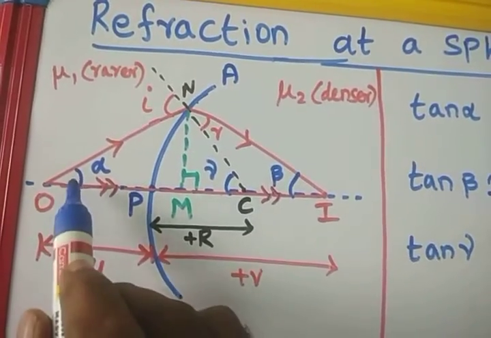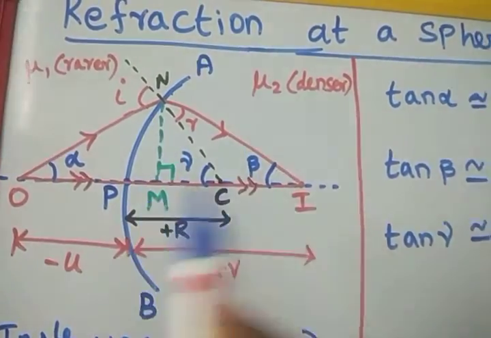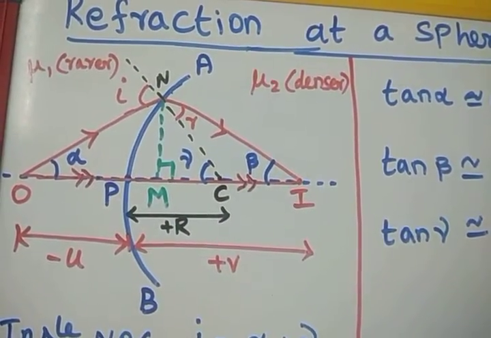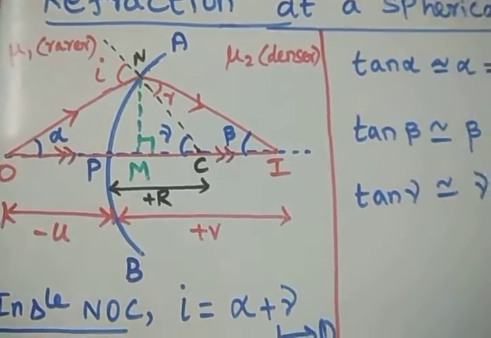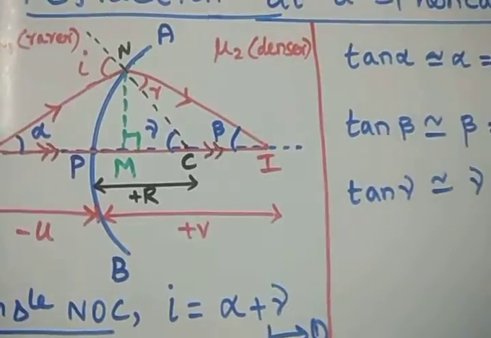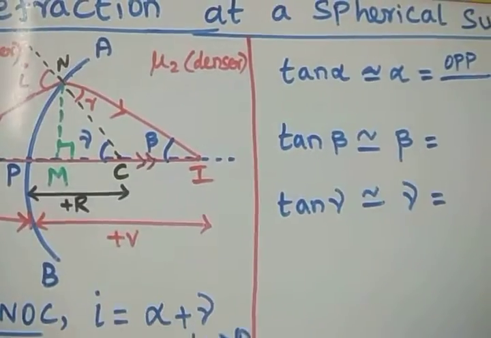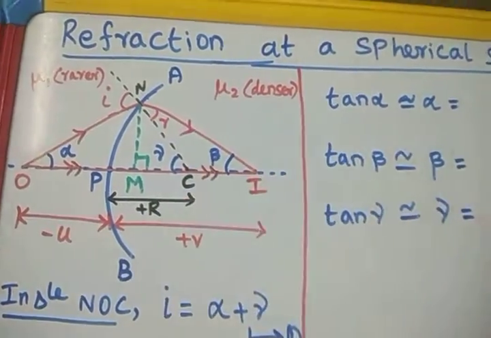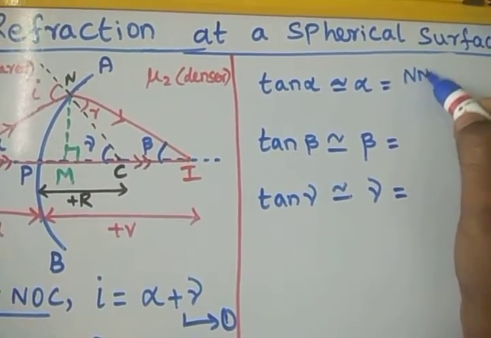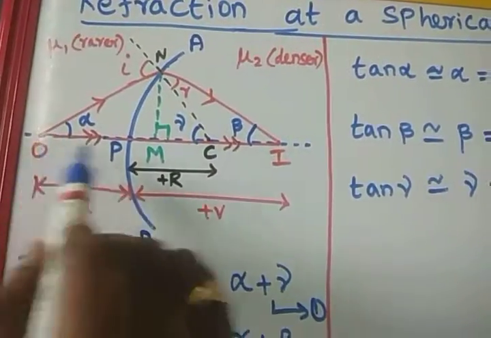For alpha, the opposite side is NM and the adjacent side is OM. So opposite side by adjacent: the opposite side is NM and the adjacent side is OM.